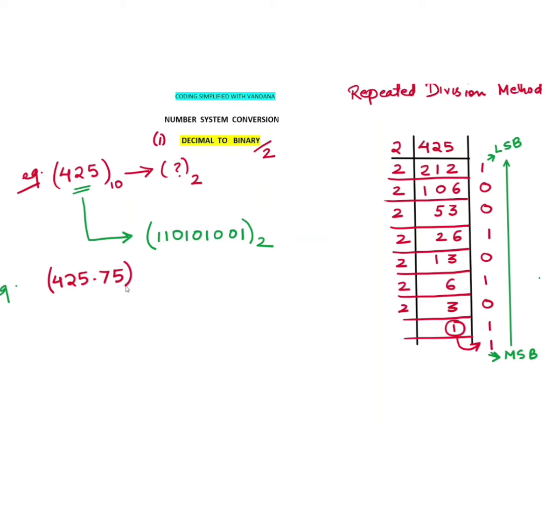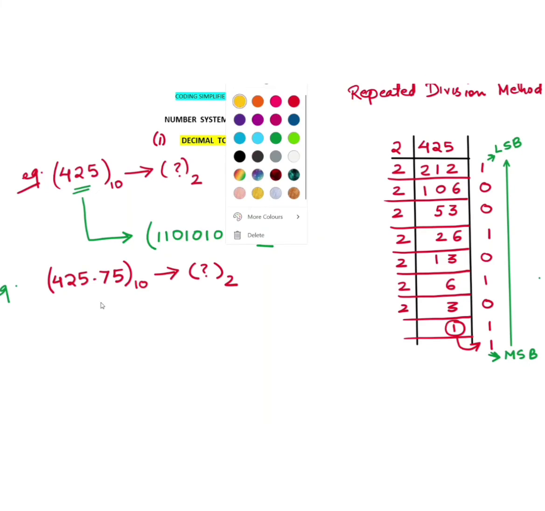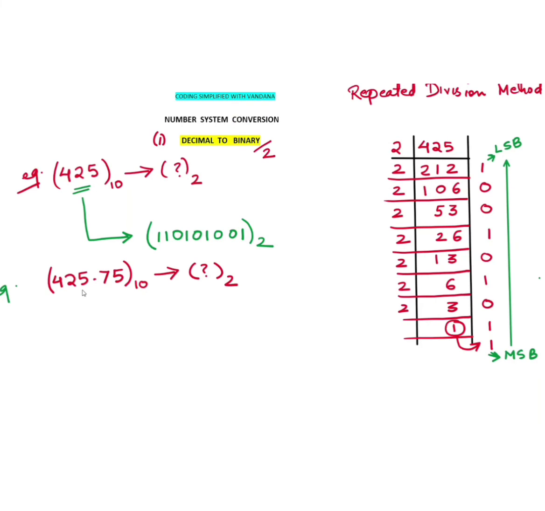Okay, so now this is the given decimal number which has to be converted to the binary equivalent. So to solve this, now the first part is already done. 425, which is the integral part, has already been converted. So the working remains the same.